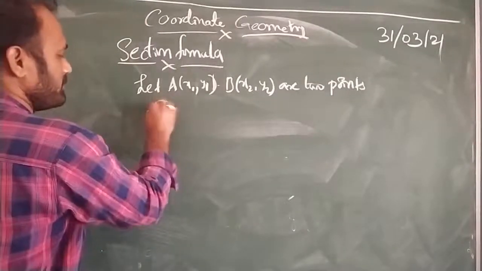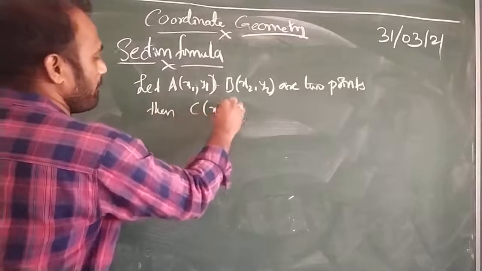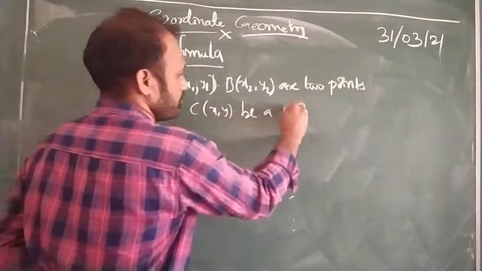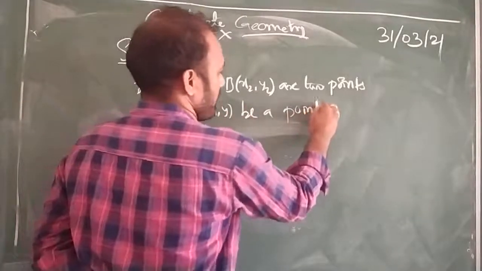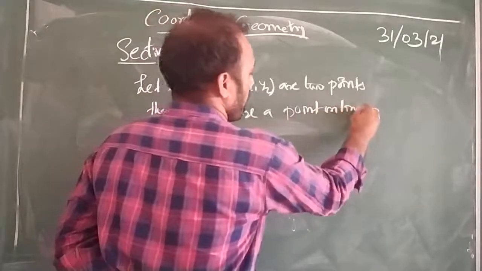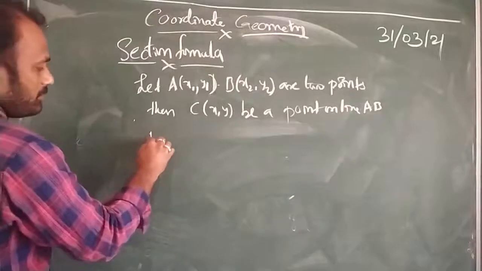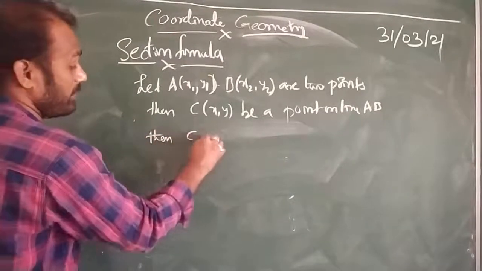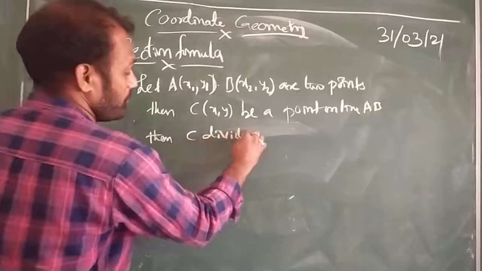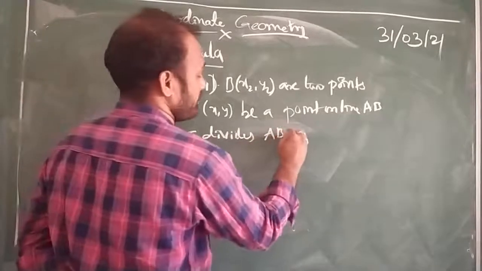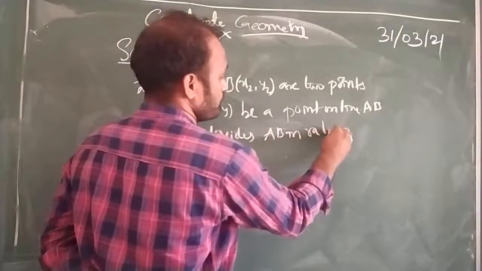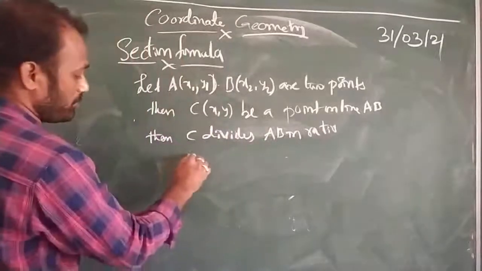Then C (x, y) be a point on line AB. Then C divides AB in the ratio m1 to m2.